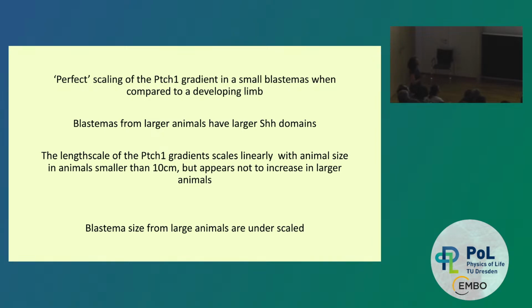We see that blastemas from larger animals have larger sonic hedgehog domains, and that the length scale of the patch gradient scales linearly with animal size in animals that are smaller than 10 centimeters, but appears not to increase in larger animals. So that means the blastema size and the blastema patch gradient from large animals are underscaled. And of course, the obvious question is: is this related to the defects in digit number?